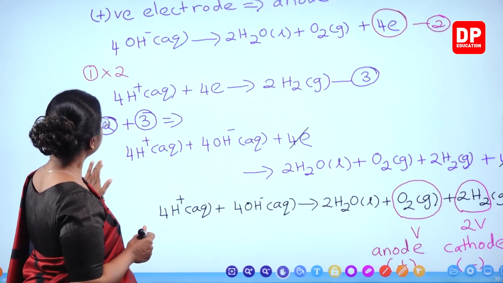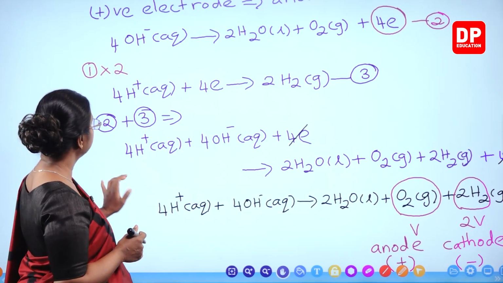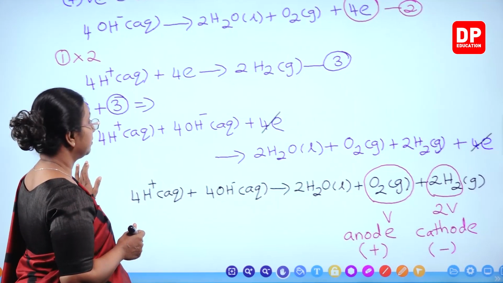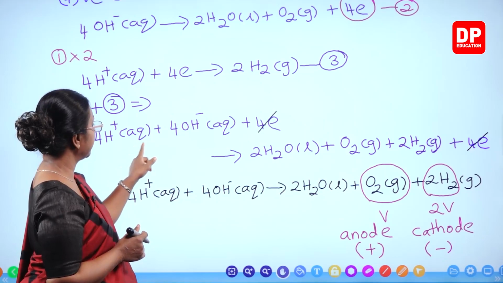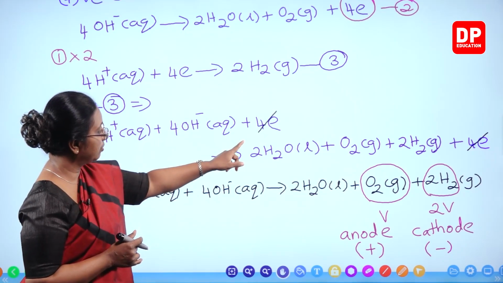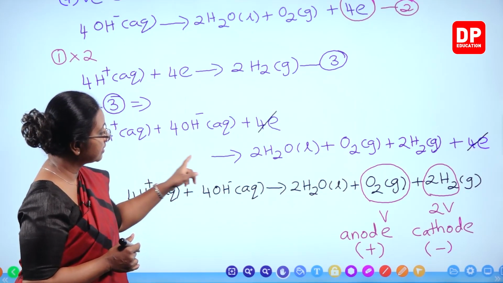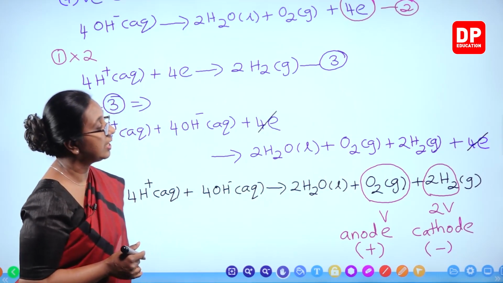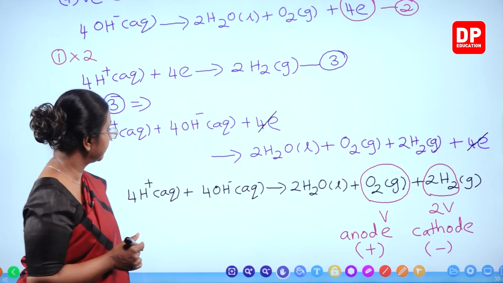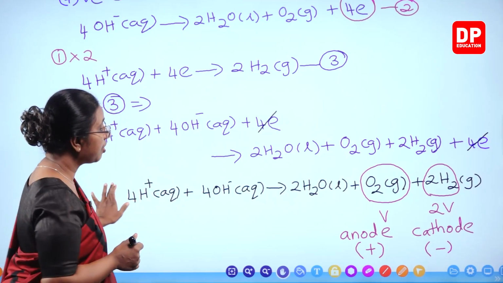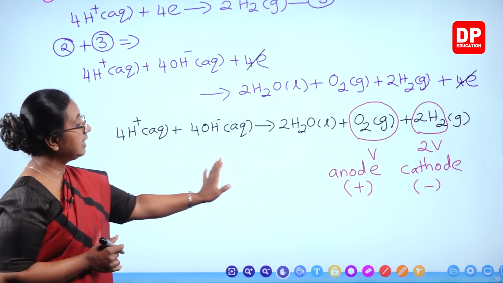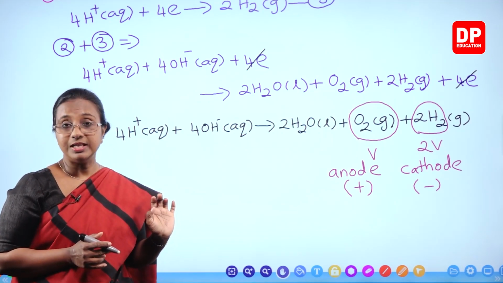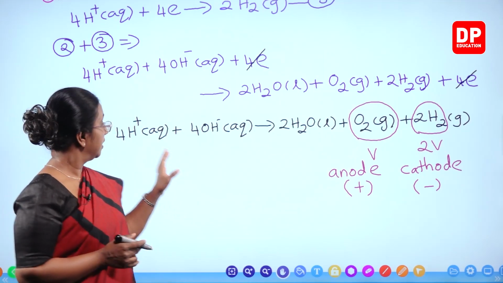Then you can see here when you add 2 and 3 together, you can see students 4H+ aqueous plus 4OH- aqueous plus 4 electrons giving rise to 2H2O liquid, O2 gas and 2H2 gas plus 4 electrons. The electrons get cancelled off and finally we get this electrolytic equation.